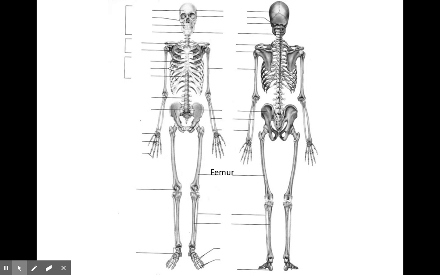The next line is pointing to the radius. The radius is always in line with the thumb. So the thumb is right here, and the radius is always in line with the thumb. So the radius is lateral to the ulna. The iliac bone. You have two iliac bones that make up your pelvis. You have a piece of fibrocartilage in between the two bones called the pubic symphysis.